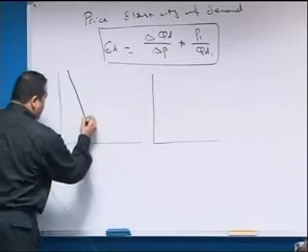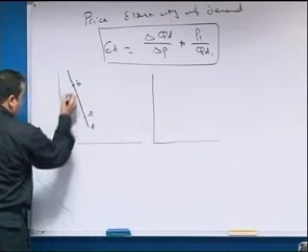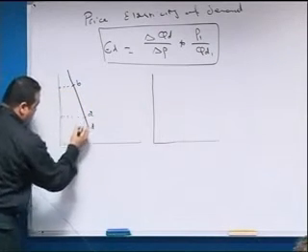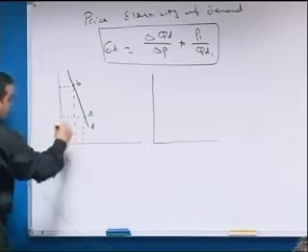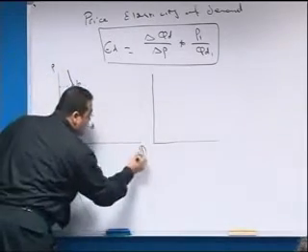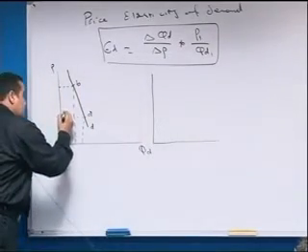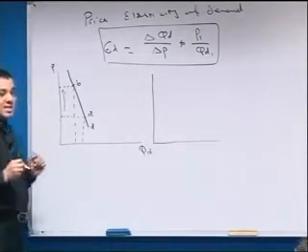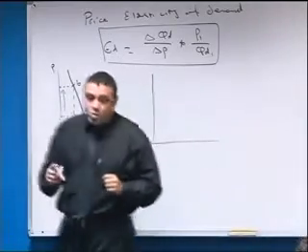A, B. Suppose that this is the price and quantity demanded. In this case, as you see, the percentage change in the price is larger than the change in the quantity demanded.